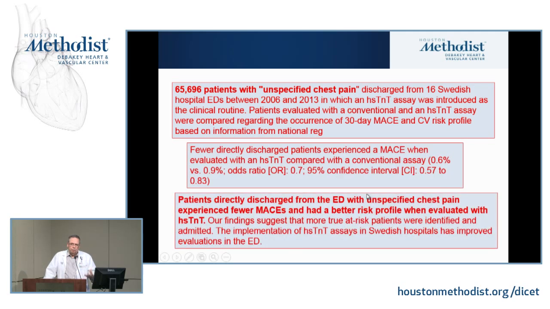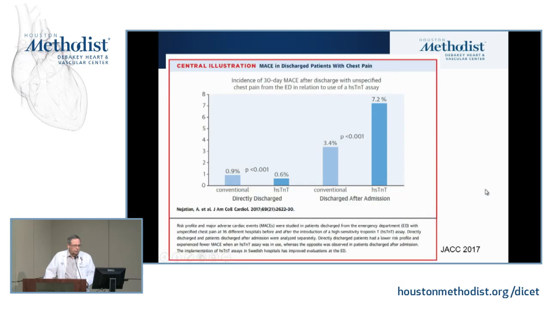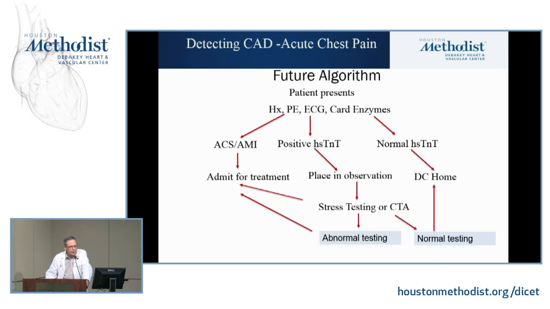So the Europeans really have been ahead of us on this, and clearly showing that when you have normal high-sensitive troponins, you really are on safe ground. So if you combine that now with the clinical evaluation of the patients using some of these protocols that are being suggested, truly, I agree totally and 100% with Faisal that most patients should be able to go home within a couple of hours from the ED without having a lot of expensive testing.